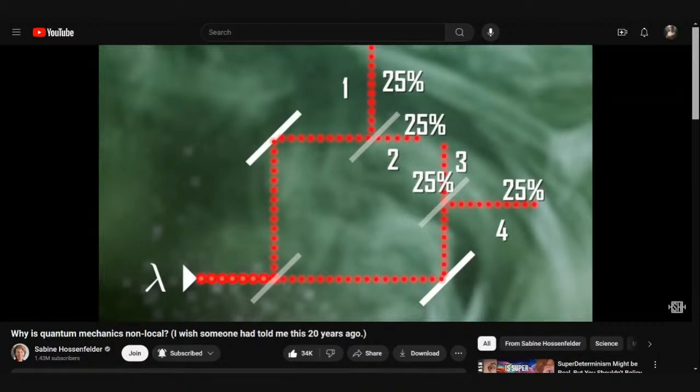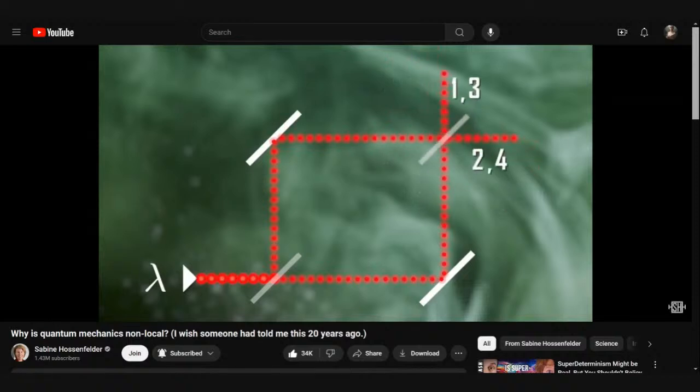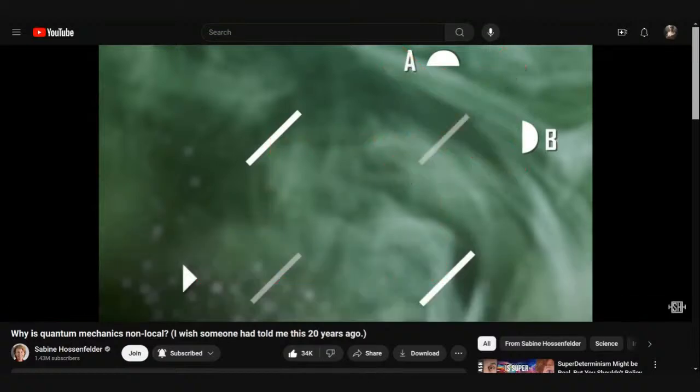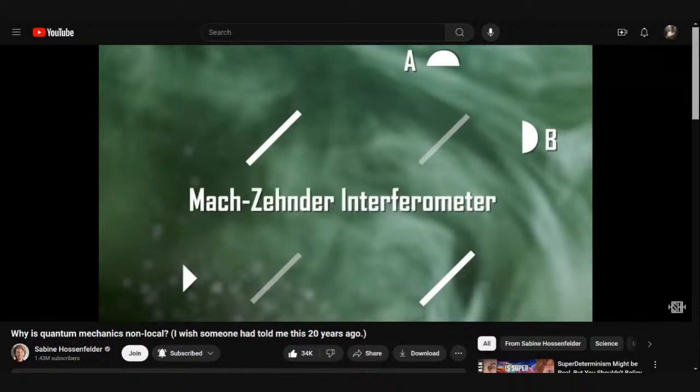And now we'll combine these two paths by directing both towards the same beam splitter. If our hidden variable explanation was correct, then we should get half of the photons here in detector A and half here in detector B. But this isn't what Notice that whoever does the animation got A and B, of course, mixed up. happens. Indeed, you have probably noticed that this setup is what's called a Mach-Zehnder interferometer.